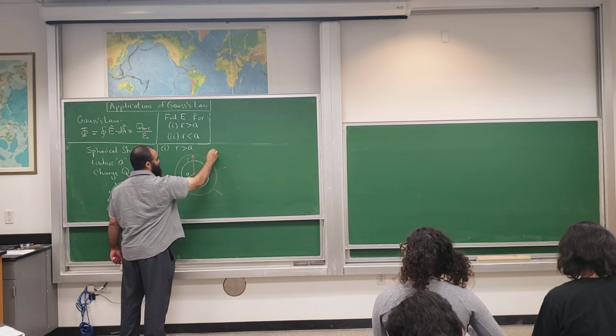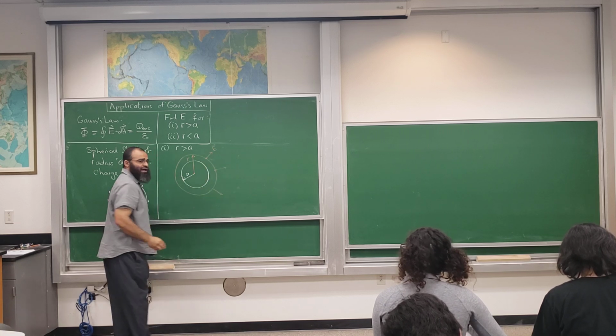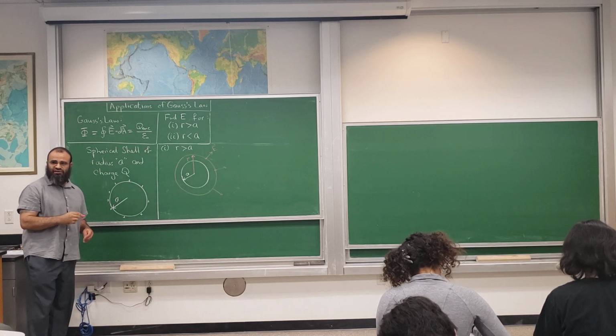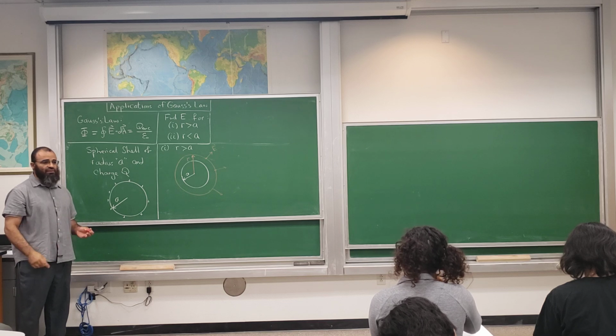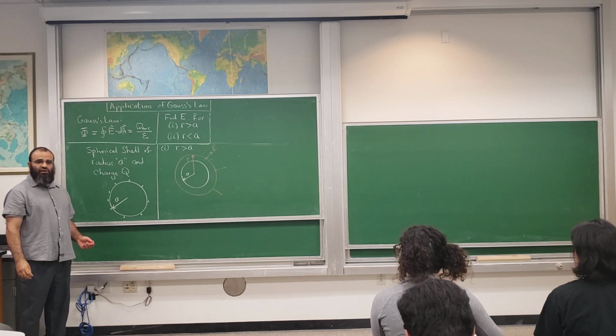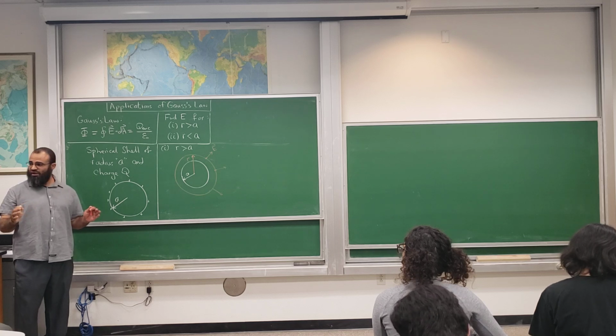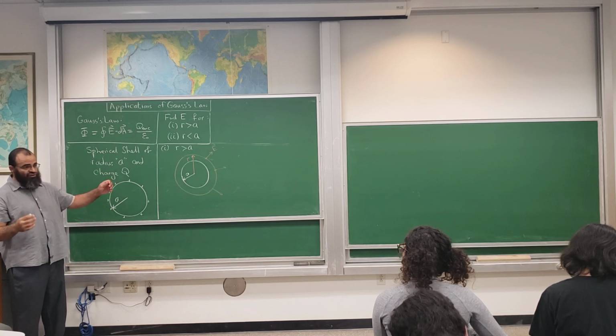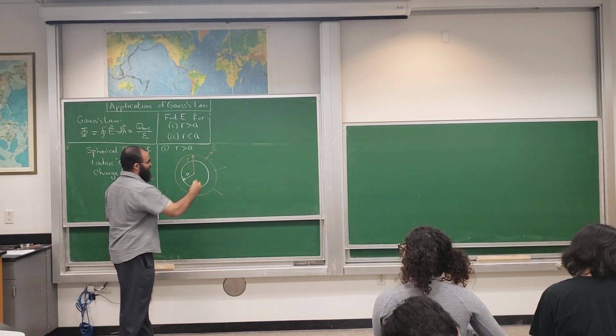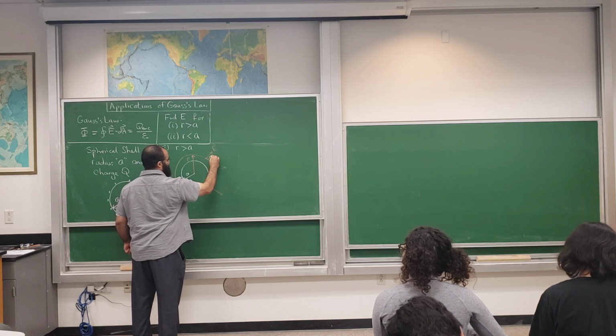The electric field is going to be radially outwards everywhere on this surface. How about the area vector? Also radially outwards, right? The area vector is always perpendicular and away from the closed surface. So the area vector also points this way.